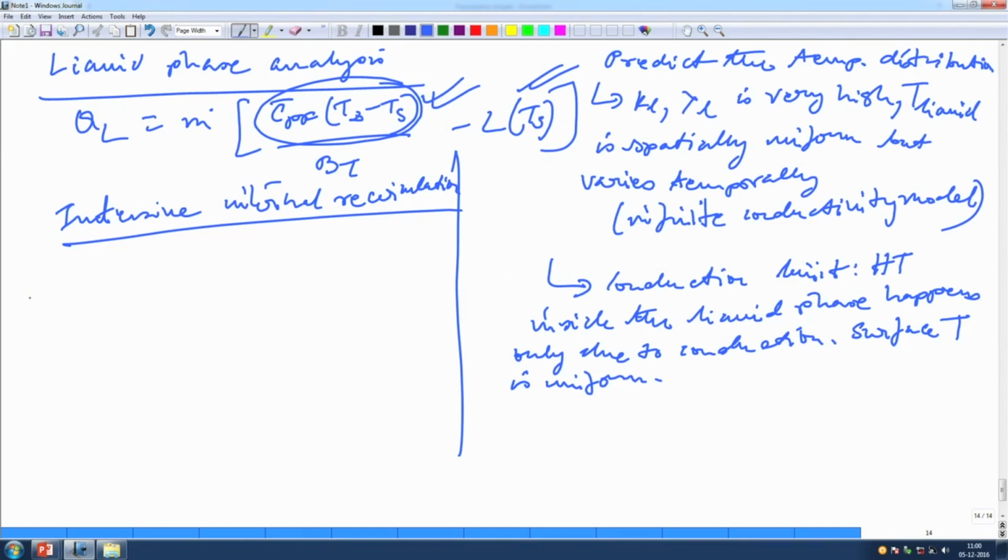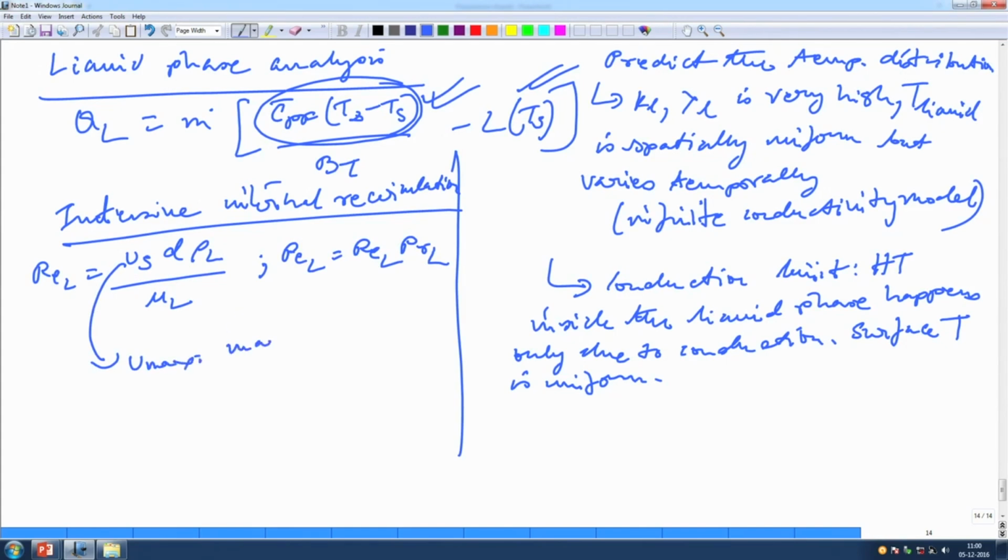And we already have defined the Reynolds number as US into d of the droplet rho L by mu L, and the Peclet number is given as Re_L, where this is U max, the maximum velocity at the droplet surface. We already said that it is greater than or equal to the normal gas phase Reynolds number.